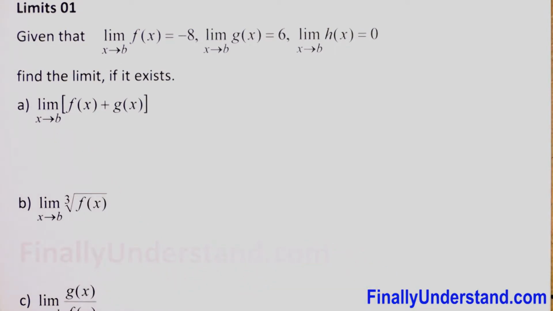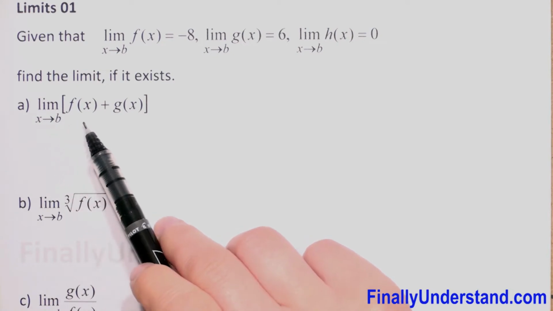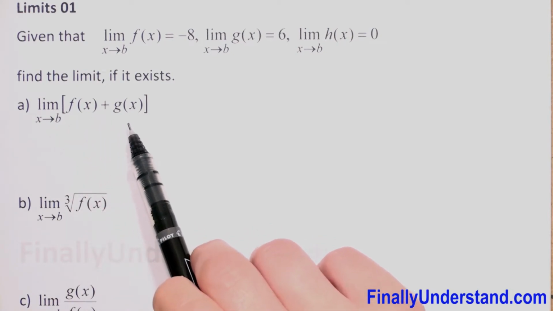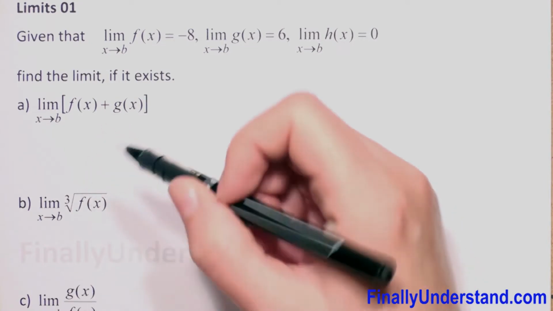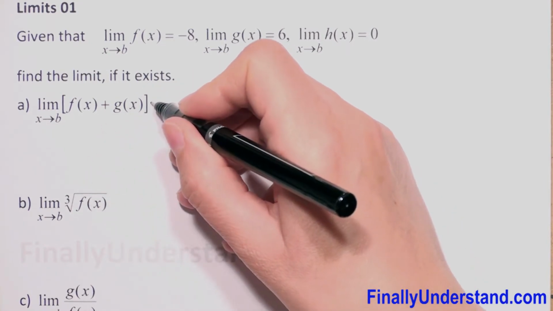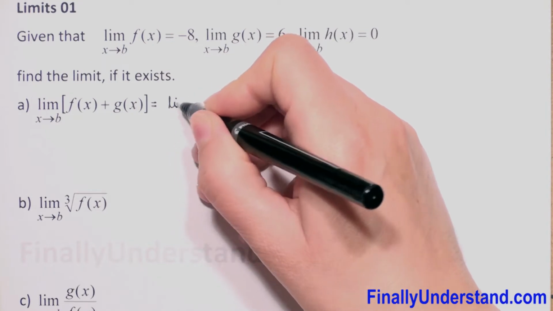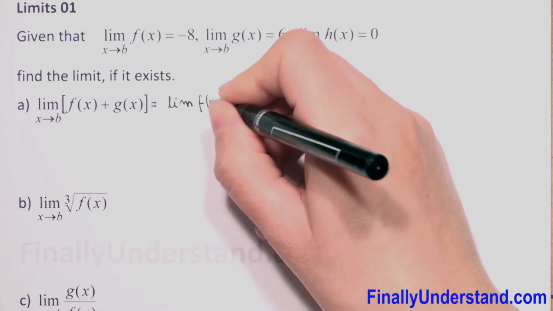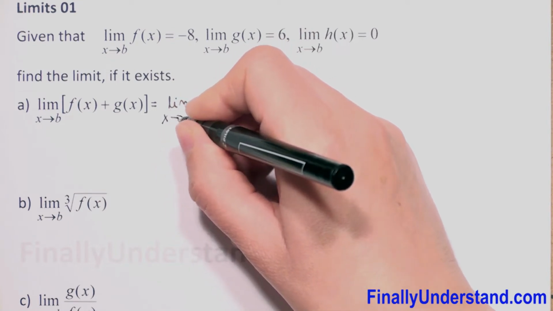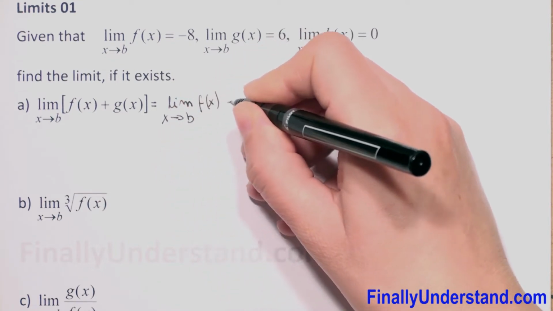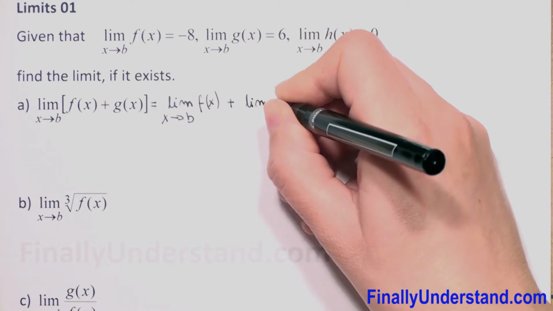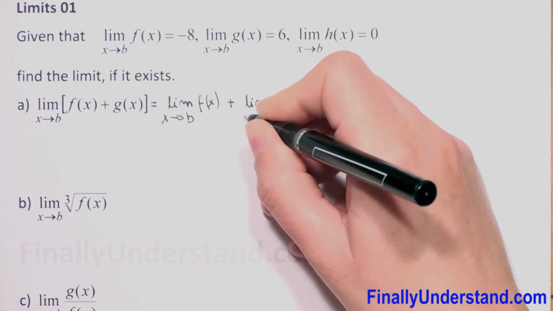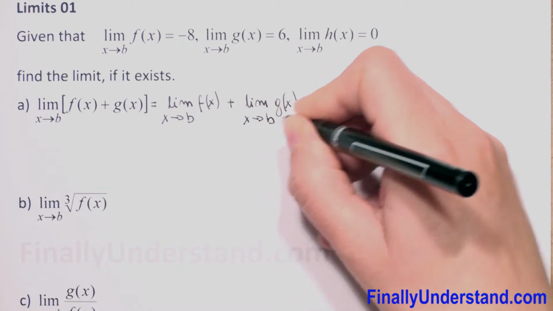So we know that the limit of a sum is equal to the sum of limits. So this is equal to the limit of f of x as x approaches b plus the limit of g of x as x approaches b.